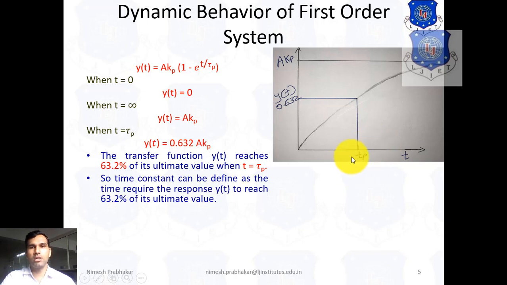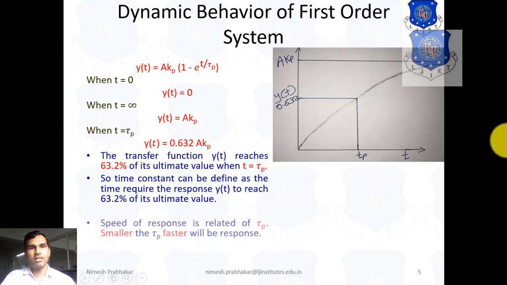The time constant represents the time required to reach 63.2 percent of its ultimate value. This ultimate value is nothing but a kp, and y of t represents the response of the system. So this is the importance of the time constant. By using the time constant, we can know the response of the system, that means we get its behavior.